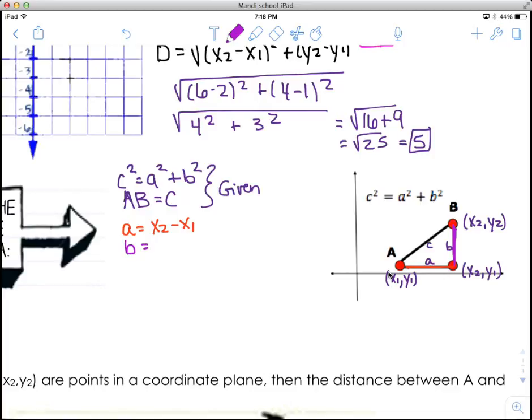So B would equal y2 minus y1. And if A squared plus B squared equals C squared, then we're going to say that C squared equals (x2 minus x1) squared plus (y2 minus y1) squared.